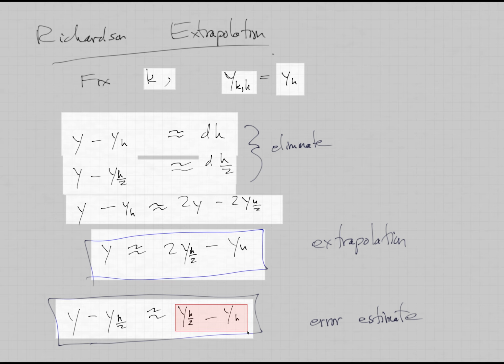And so I was kind of appealing to that when I was looking at the graph the other day and showing the estimates for the different h values, and that turns out to be valid reasoning: the true error is approximately equal to the difference in the two most recent approximations when you divide h by 2.